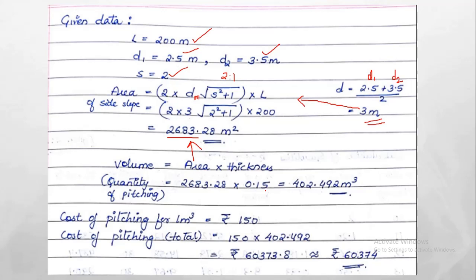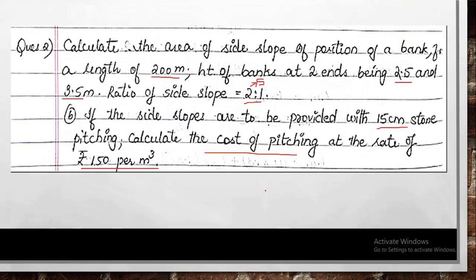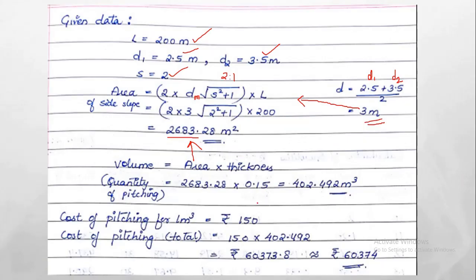Suppose in the question it is given as 15 centimeter, and we are calculating everything in meter, we need to convert centimeter to meter. That's why this 15 centimeter turned out to be 0.15 meter. Okay, so this is the volume. We got the value of volume as 402.492 meter cube.